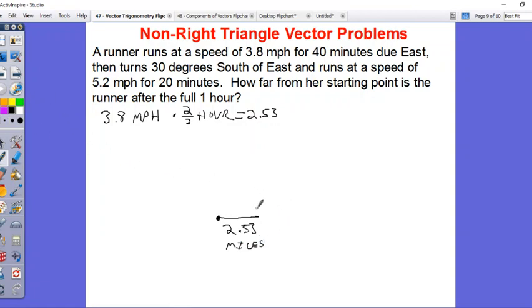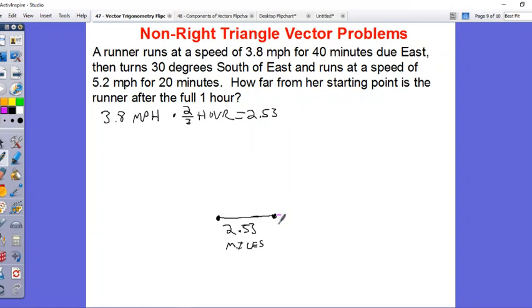Then we're going to turn 30 degrees south of east. So starting right here, we're moving east, but then we turn 30 degrees south of east.